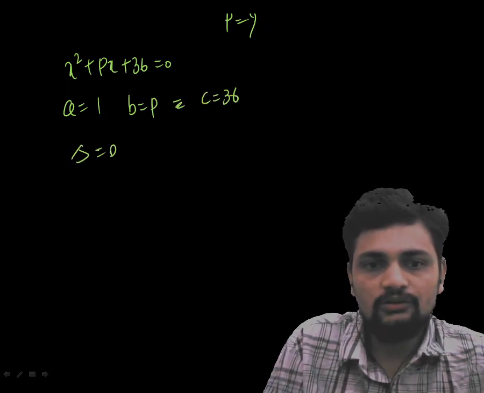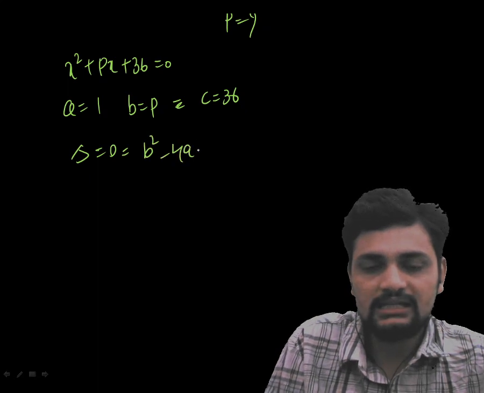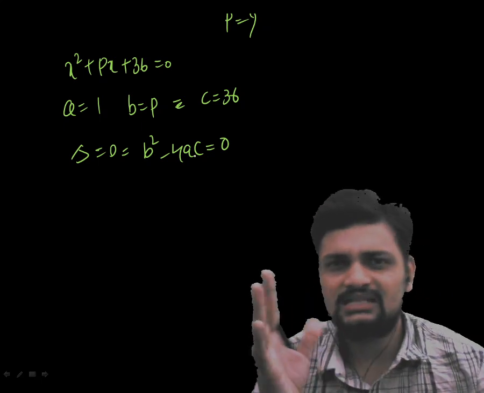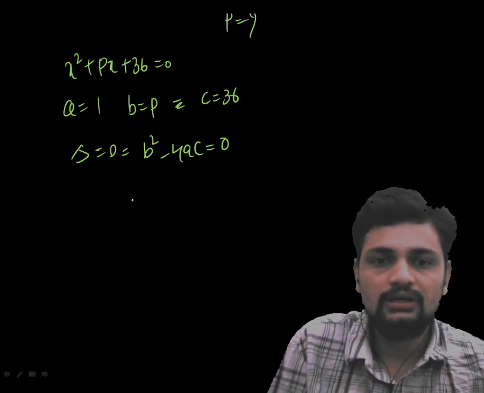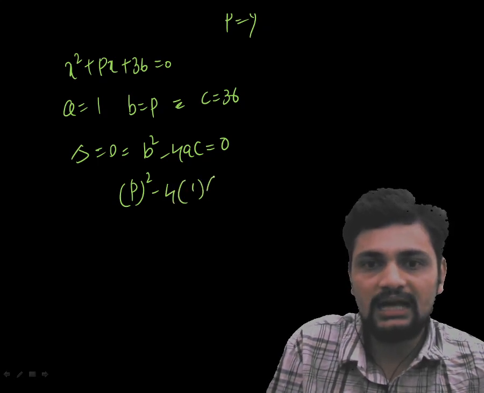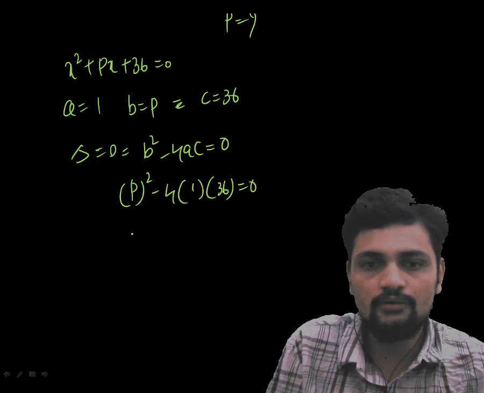So discriminant value is b square minus 4ac. Since roots are equal, again I can equate with 0. Just like the previous method, substitute the values. b is p, minus 4 into a is 1 and c is 36 equals to 0.